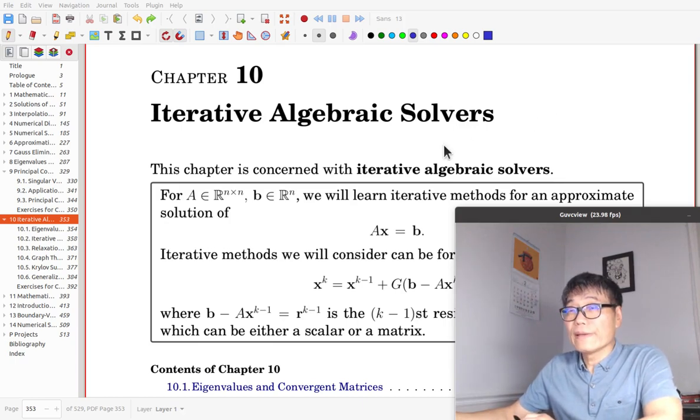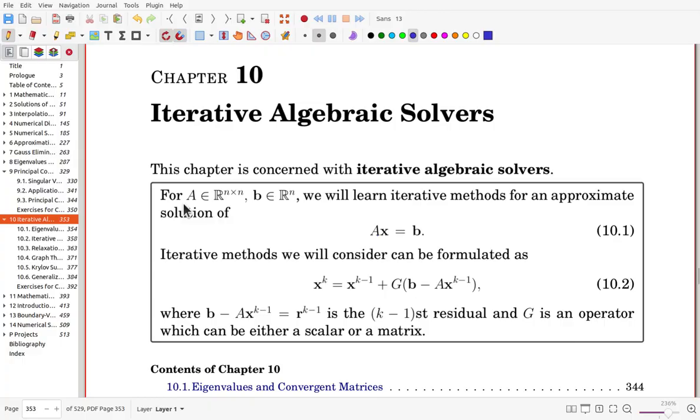In Chapter 10, you will study iterative algebraic solvers. For a given algebraic system Ax = b, where A is an n by n square matrix and b is a vector in R^n, the iterative methods we'll consider can be formulated as in this equation.